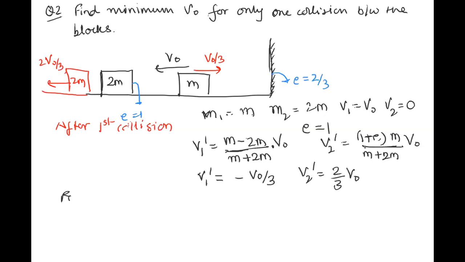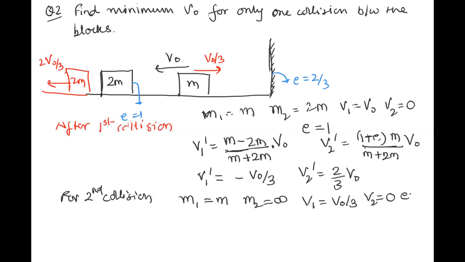For the second collision, m1 equal to m, m2 equal to infinity, v1 equal to v0 by 3, v2 is equal to 0, e is equal to 2 by 3.